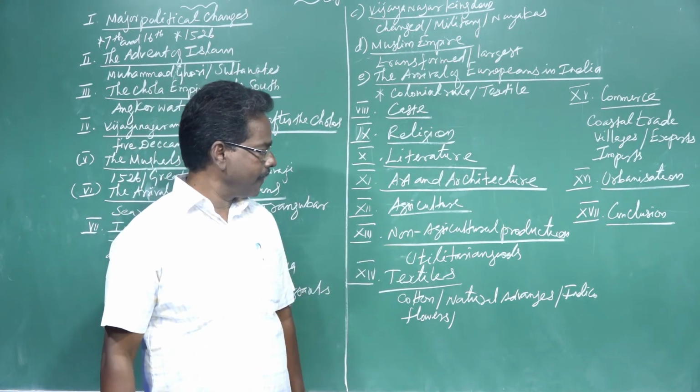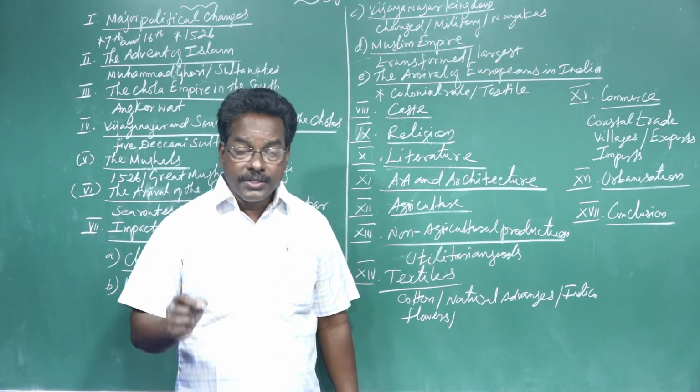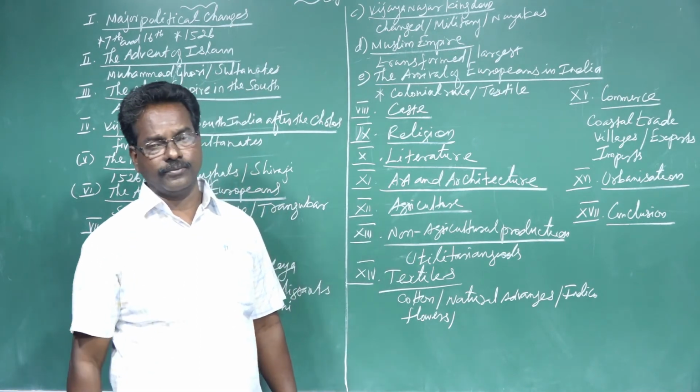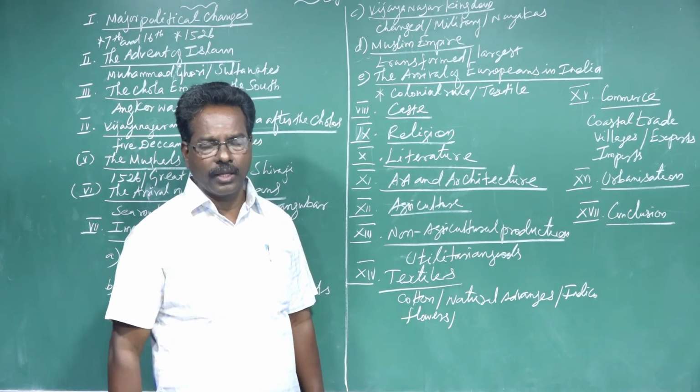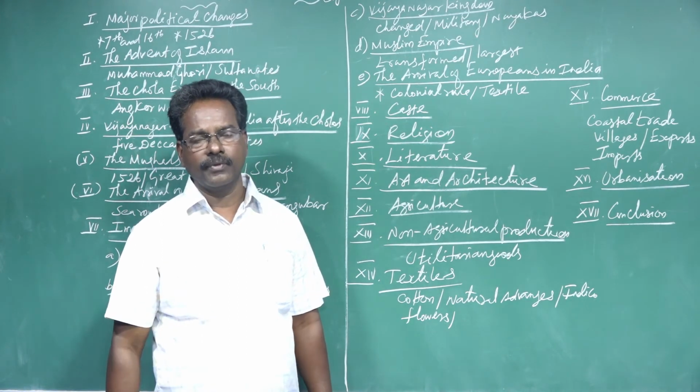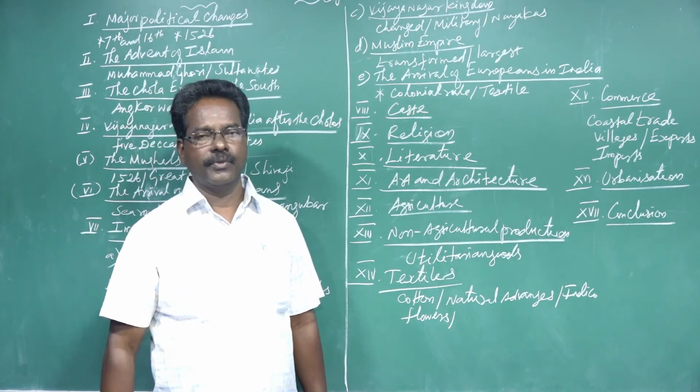Non-agricultural products. India is the largest manufacturing country in the world. Non-agricultural products refer to processed agricultural products and crop production.